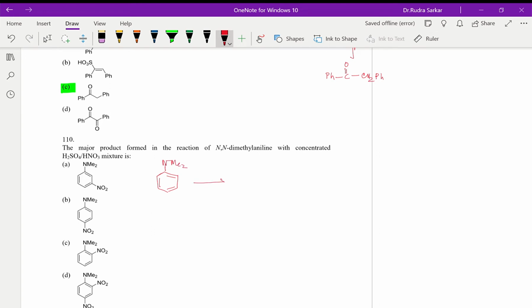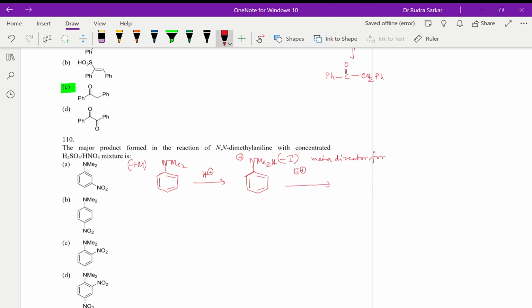In a highly acidic medium, protonation of the +M group occurs, and this becomes NMe2H+. This is now a -I group, and it is a meta director for electrophiles.